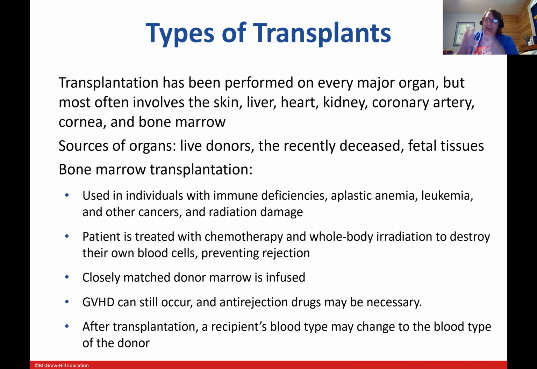So the bone marrow not only implants, but all of the blood cells that it produces look like the donor's blood. And so that's an interesting side effect. An interesting way to change your blood type.